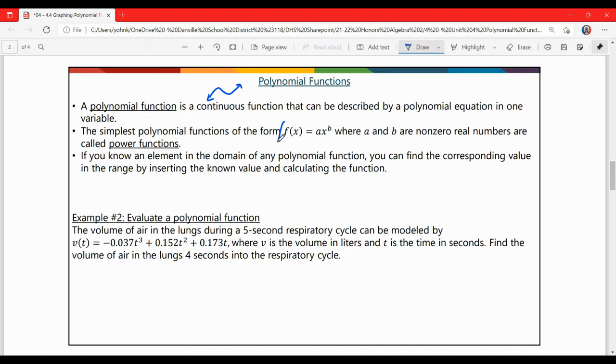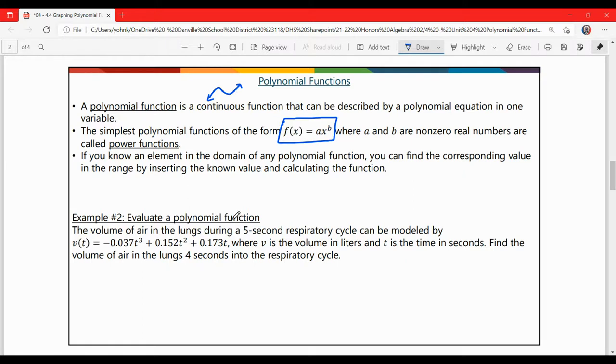So if you just had f of x equals ax to the b and you knew what a and b were, that's called a power function. If you know an element in the domain of any polynomial function, you can find the corresponding value in the range by inserting the known value and calculating the function.